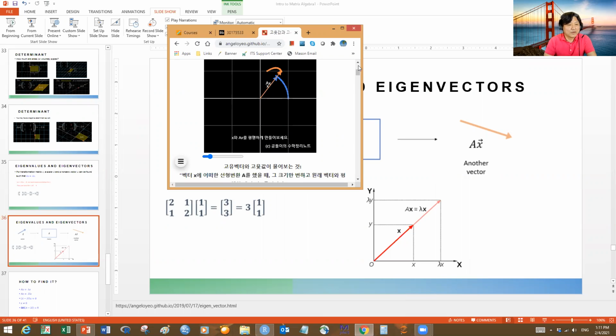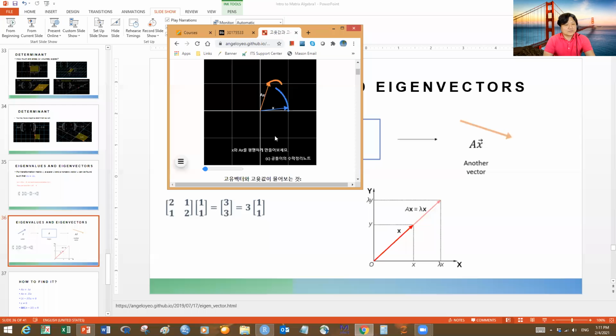So this blue x is our vector. And then we multiply by A. This orange line is the linearly transformed vector after multiplying x. I can multiply all possible vectors here. So look at this.